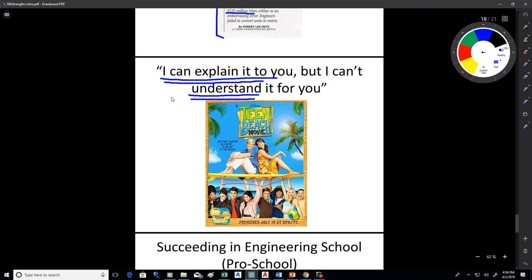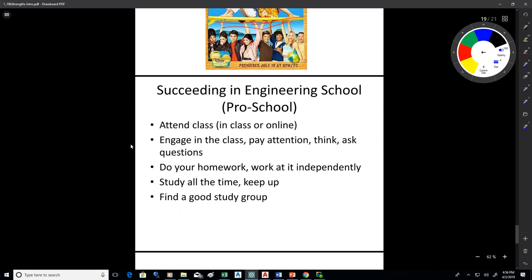And the way you understand it is you work through the stuff on your own, you engage your mind in figuring the stuff out, and that's how you process the information and learn it. Okay, so I'd like you to attend class, engage in the class actively, do your homework, work at it independently. If you have questions, ask them. Study all the time, keep up, and find a good study group to work in.